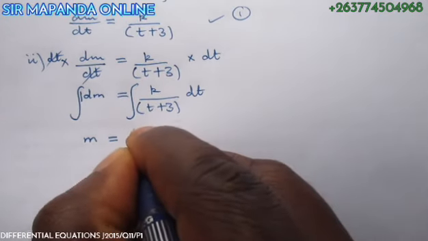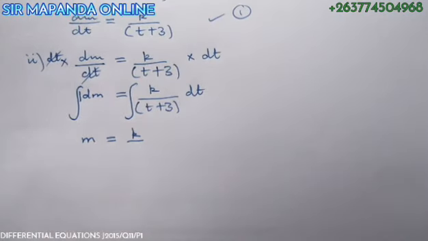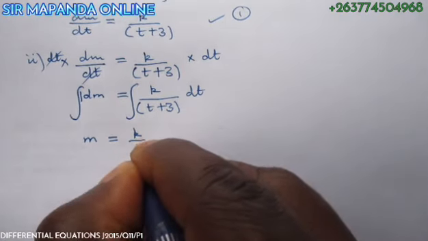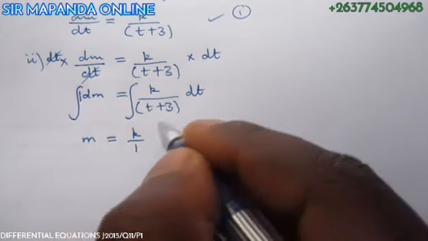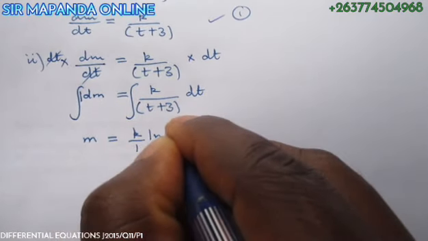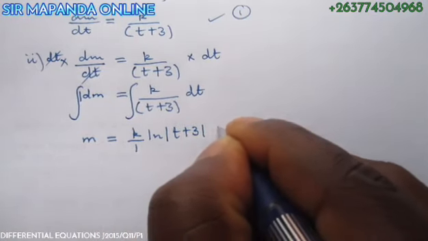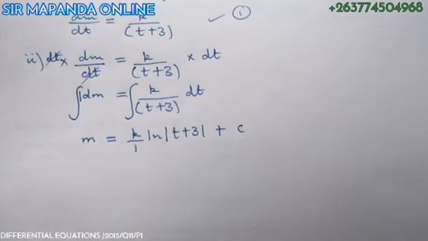You first of all write k, your numerator, divided by the derivative of the denominator, which is t plus 3. The derivative of t is 1, then the derivative of 3 is 0. Then after that you put ln modulus t plus 3. Then you say plus c. I hope you are listening, class.